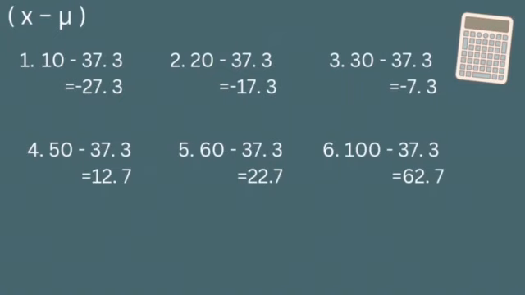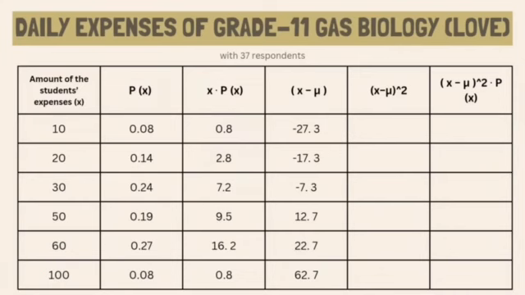For example, 10 minus 37.3 results to negative 27.3. 20 minus 37.3 is negative 17.3. 30 minus 37.3 is negative 7.3. 50 minus 37.3 is 12.7. 60 minus 37.3 is 22.7. And then 100 minus 37.3 results to 62.7.